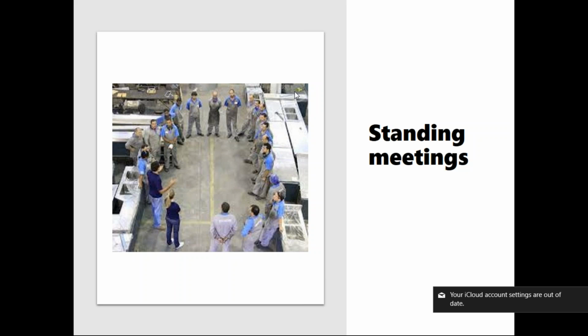Why? Well, because not everyone wants to be standing around. Just having people standing means that people won't procrastinate. They'll get straight to it. So you can actually have a very effective 15-minute meeting standing up with your team members, and I would strongly recommend that you consider that if you aren't already doing that.